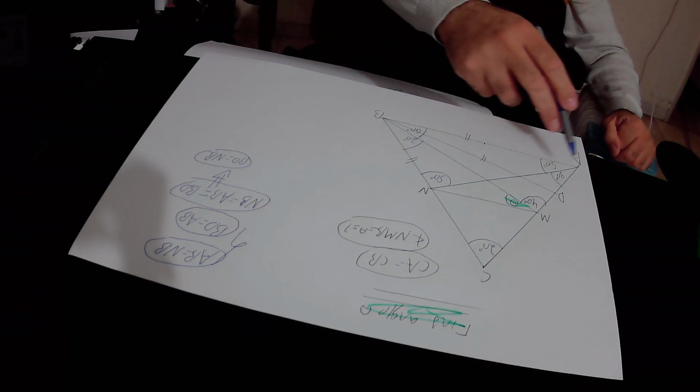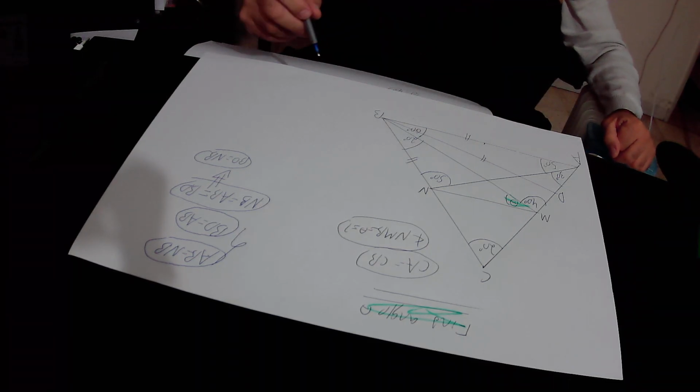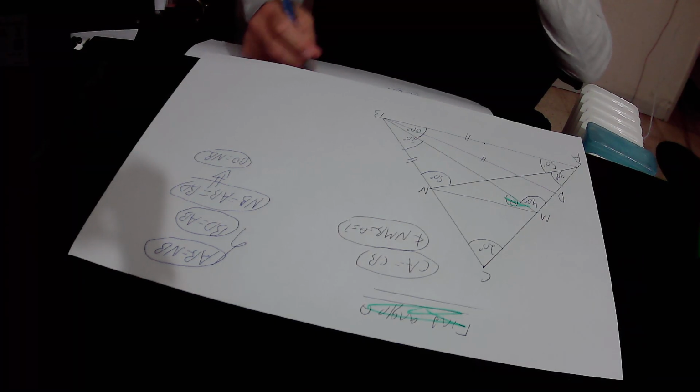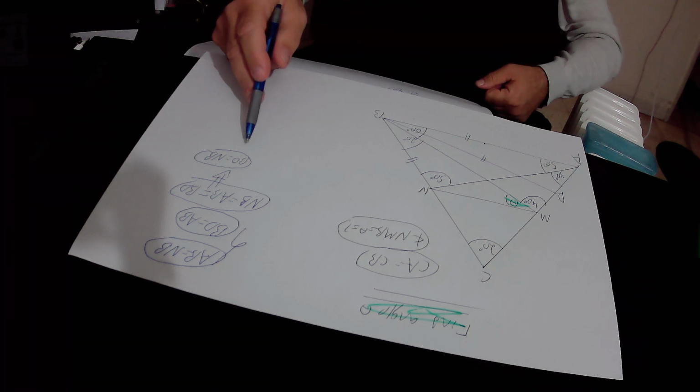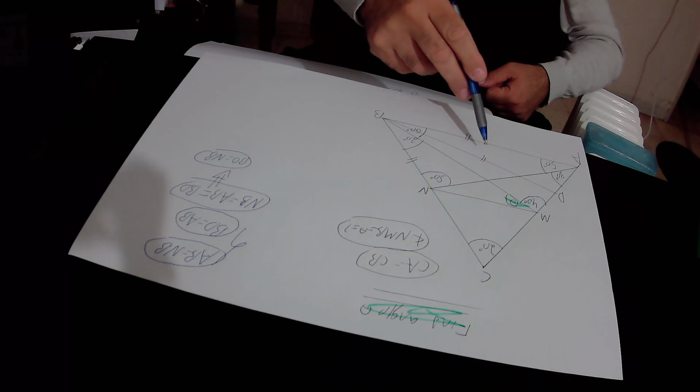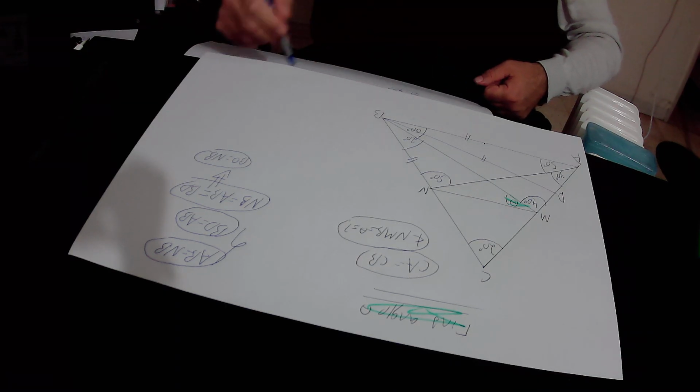Angle DAB equals 80 degrees in size, and we already found that, according to our construction, side DB equals side AB.